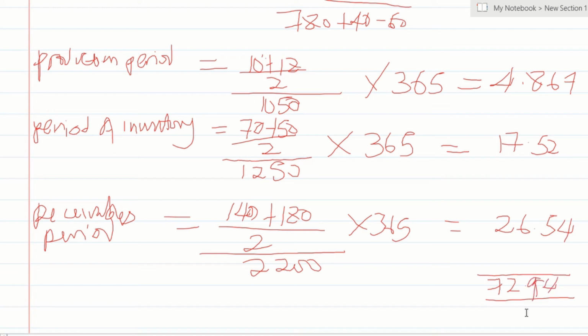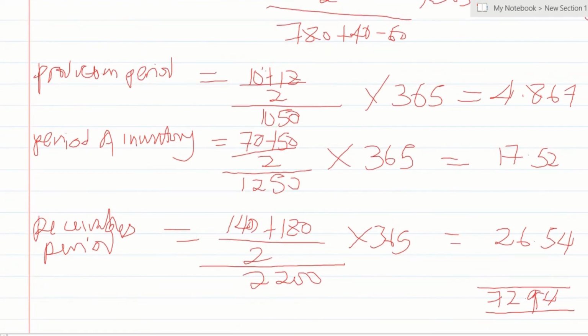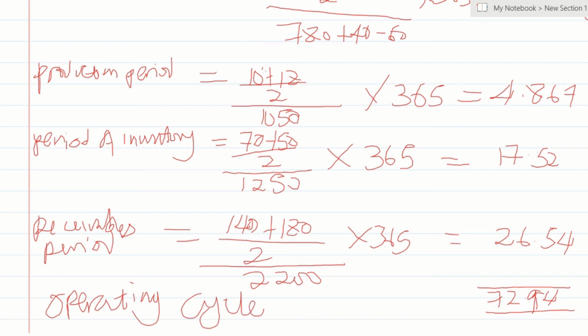Let me tell you what this 72.94 is. It is the operating cycle. We are not yet done. We are looking for the cash conversion cycle.